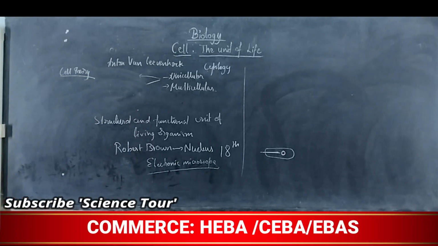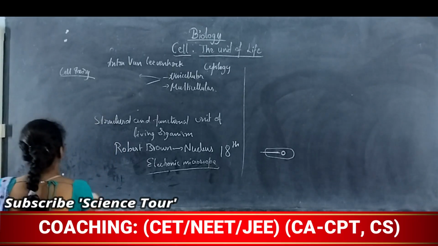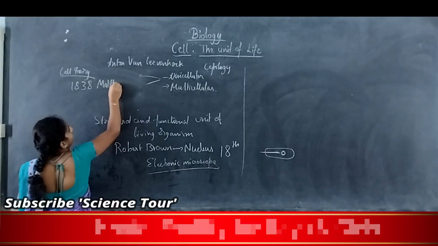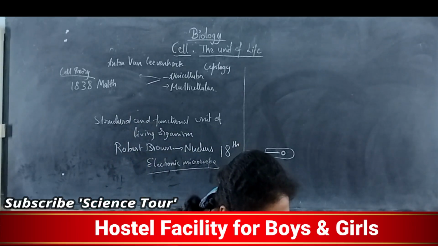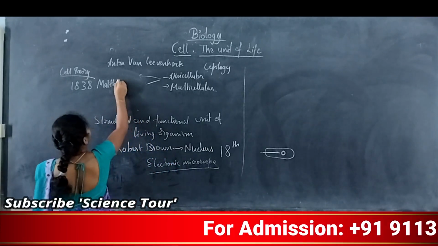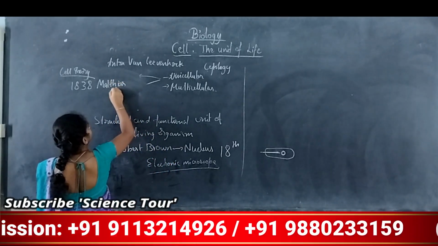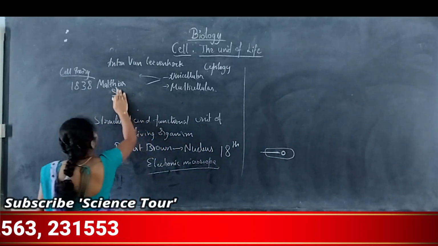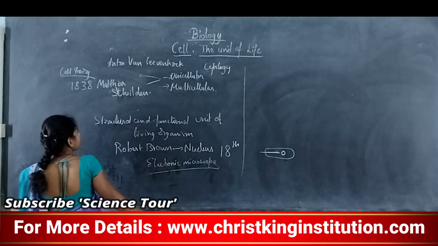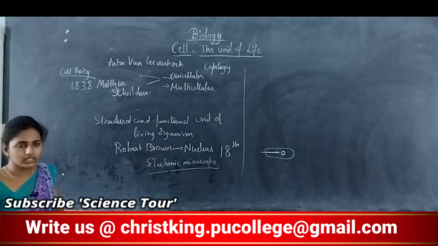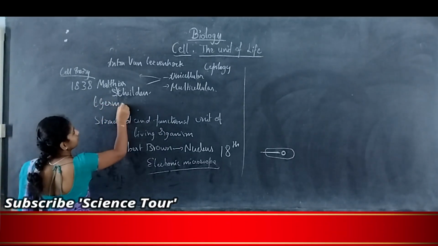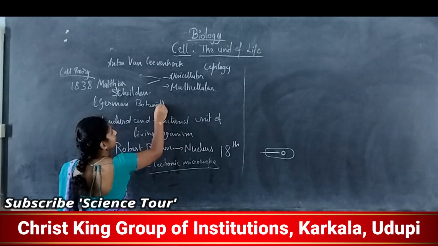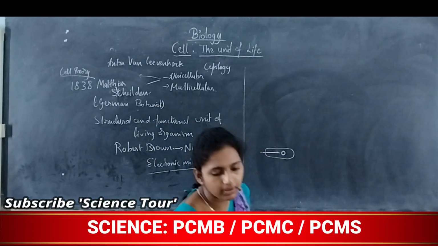Very important in cell theory. Initially in 1838, Matthias Schleiden, who is a German botanist, examined a large number of plants.